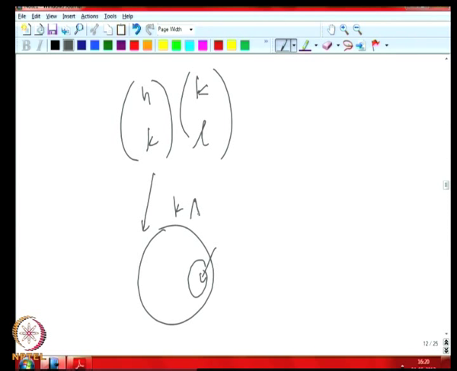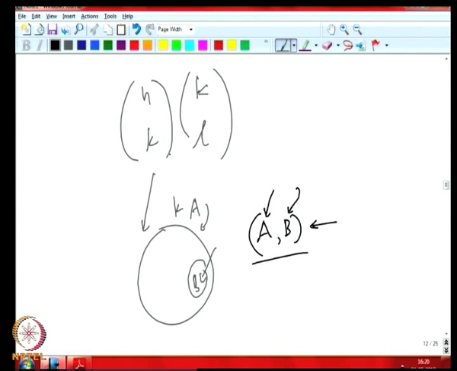So, let us say A is the k element subset, B is the L element subset. Then it is like we are counting pairs A comma B, where A is a k element subset and B is an L element subset which is contained in A.